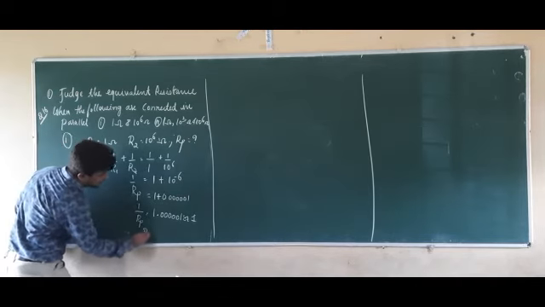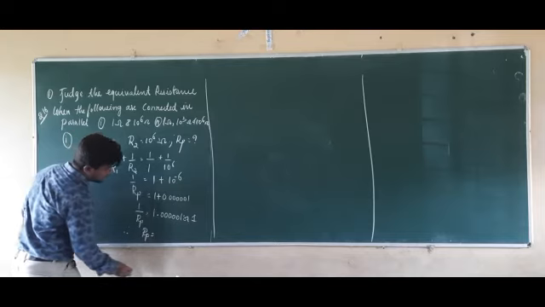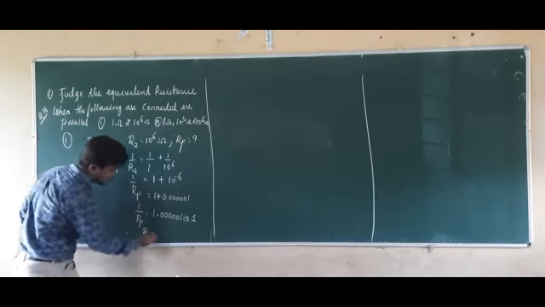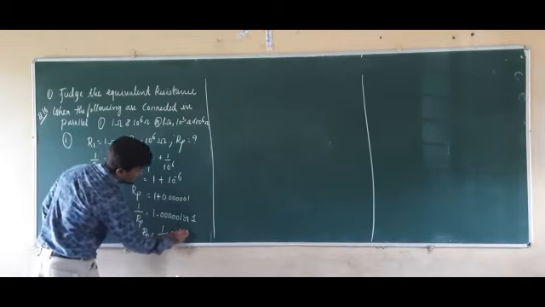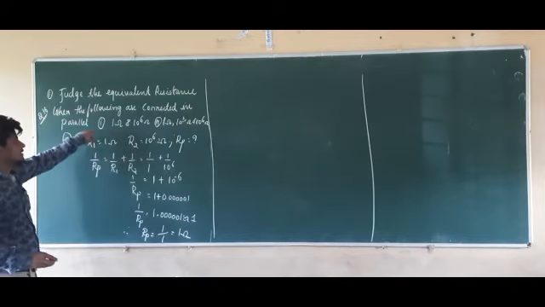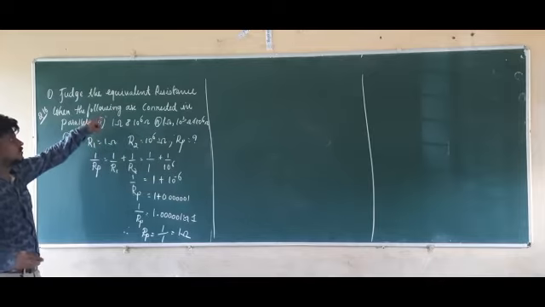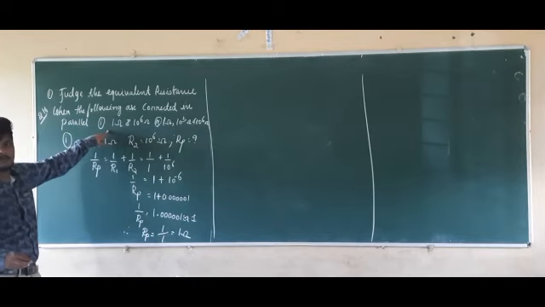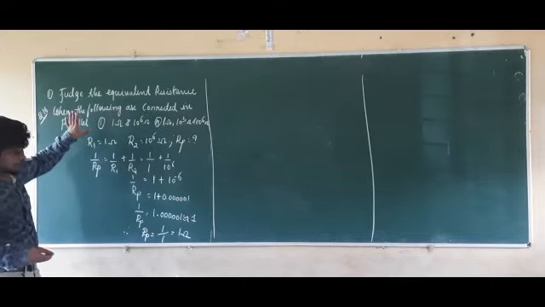Therefore 1 by RP is 1, and we have to reciprocate it. Therefore 1 divided by 1 is equal to 1 ohm. So in the first case, RP, the equivalent resistance in parallel connection, is equal to 1 ohm.